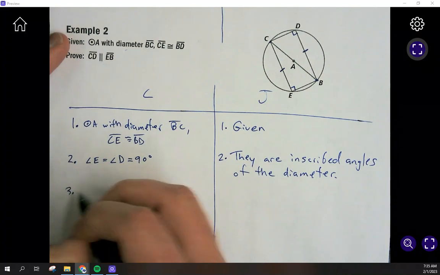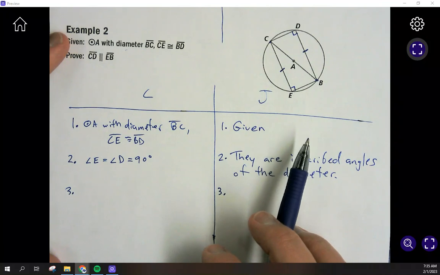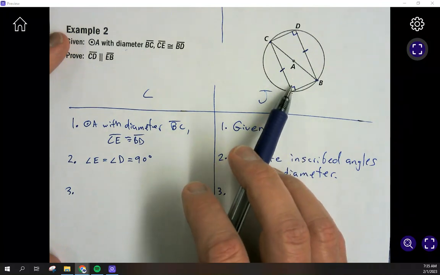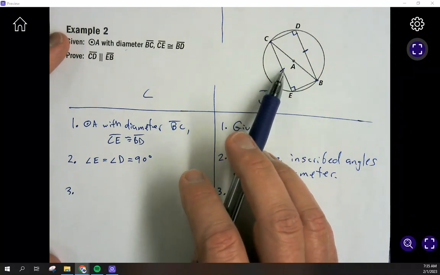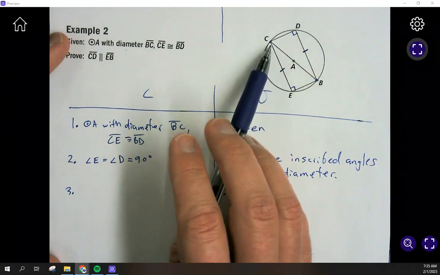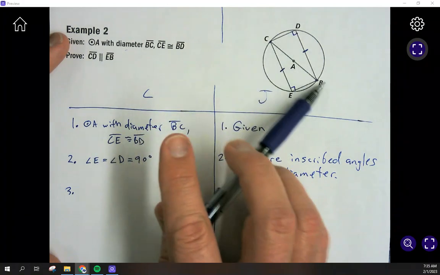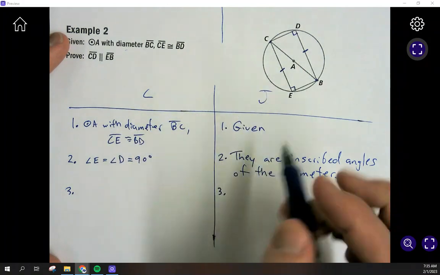All right, so now I've got almost enough information for the hypotenuse leg theorem, HL theorem. I've got the 90, and these are legs. They're coming out from the 90. So what I don't have is the hypotenuse, which is BC. Both triangles use BC as their hypotenuse.